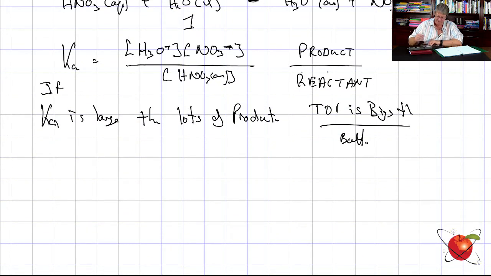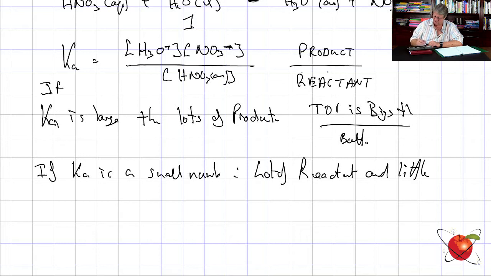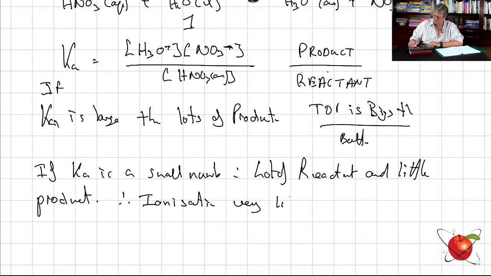Similarly, if Ka is a small number, you have lots of reactant and little product. What it means is that there is very little ionization, not much H3O plus.